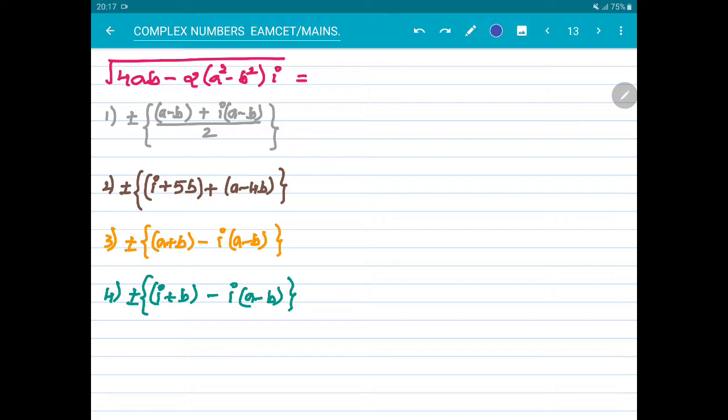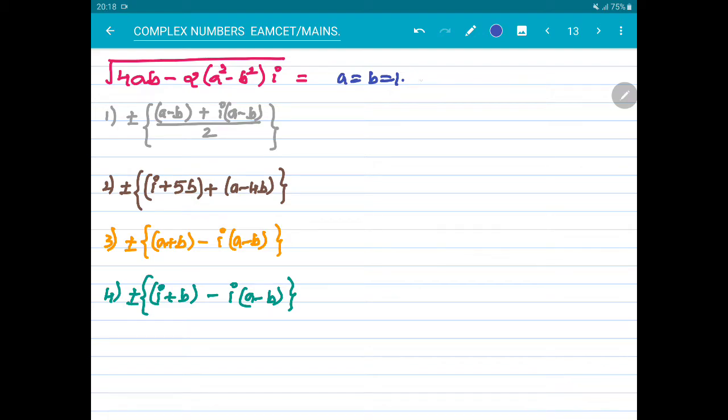Square root of 4ab minus 2(a^2 - b^2)i is equal to. Here, solving this question directly takes time. So that's why I'm going to consider two values for the two real numbers a and b. Let us take a = 1 and b = 1.